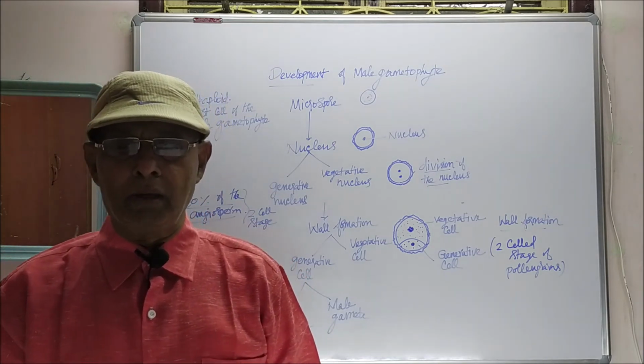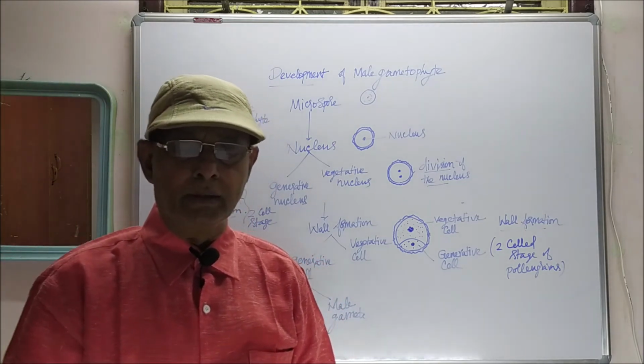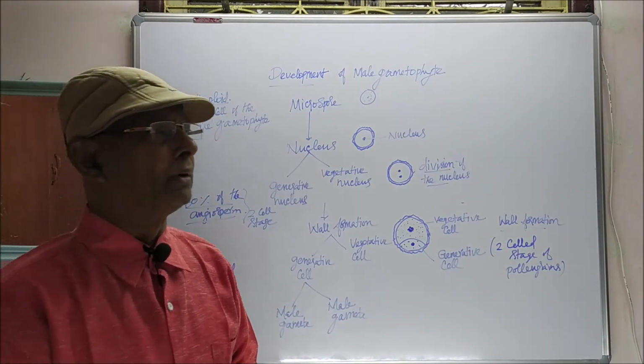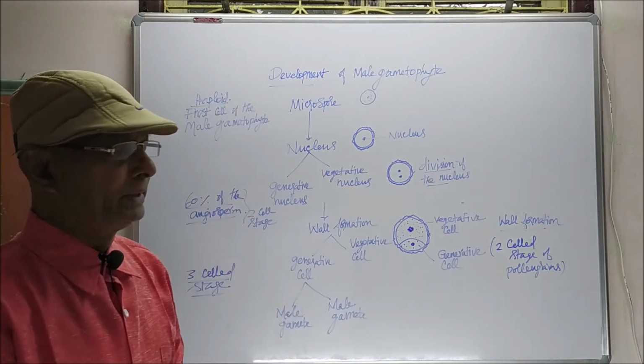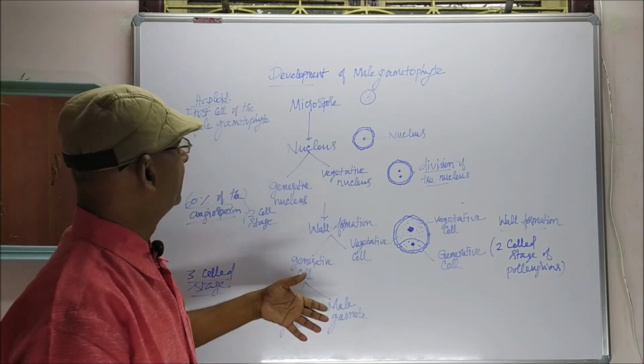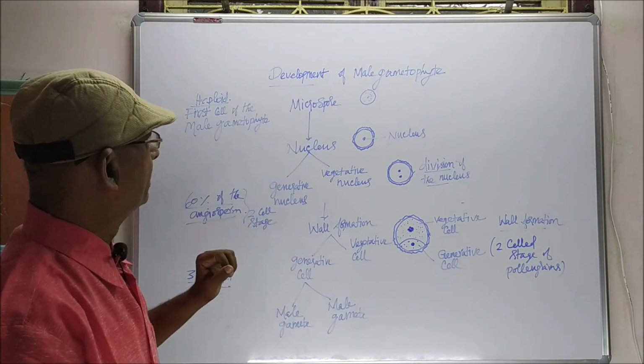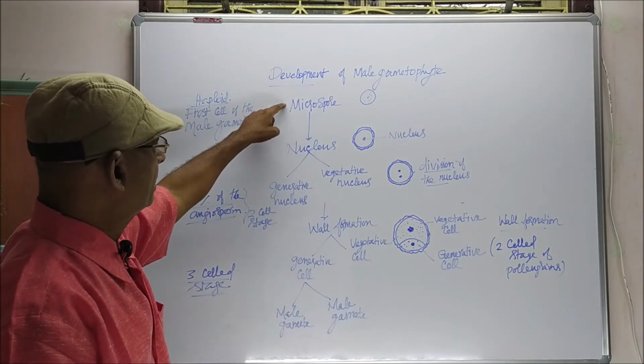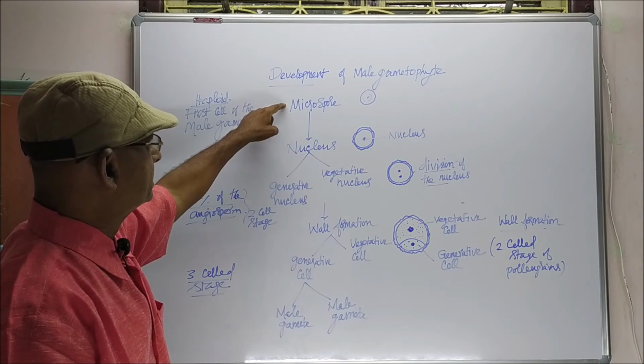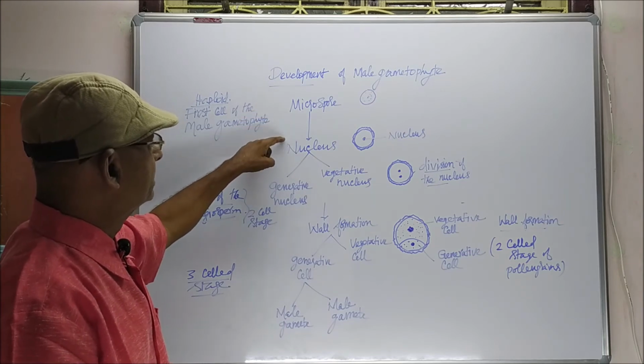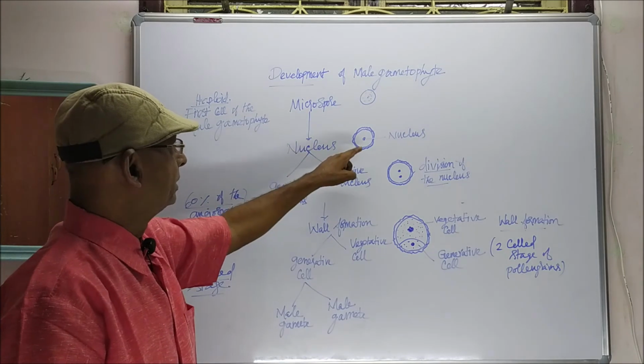Further growth of the male gametophyte occurs in the stigma of the gynoecium. So, these are all the changes that take place in the development of male gametophyte. Microspore produces pollen grains. Pollen grains contain a nucleus.